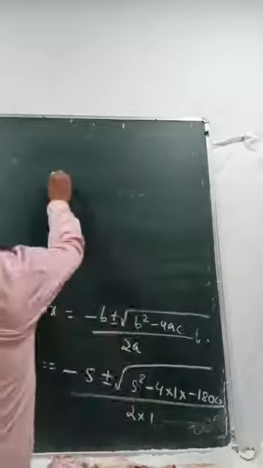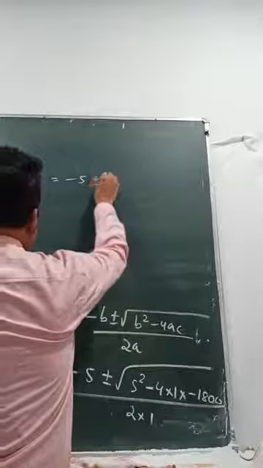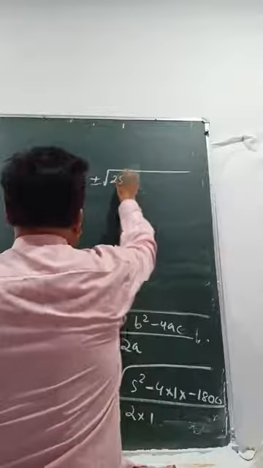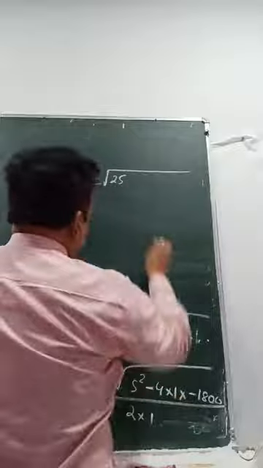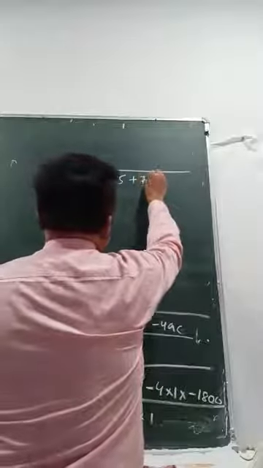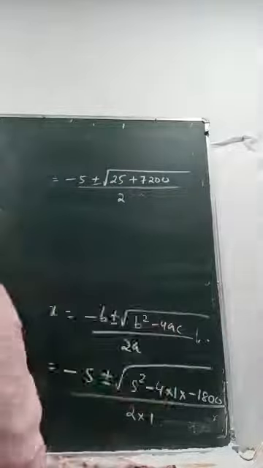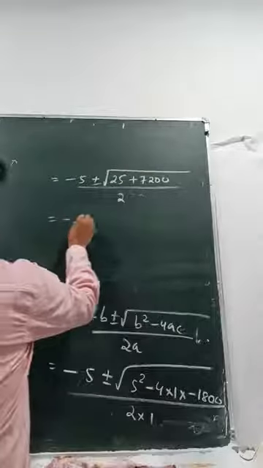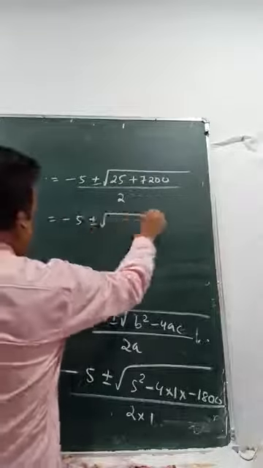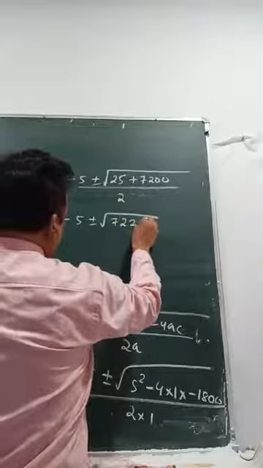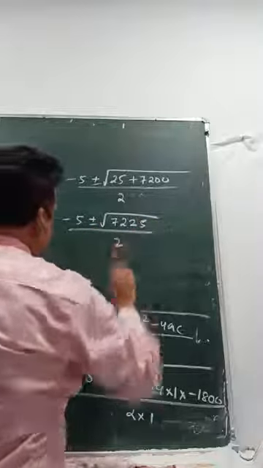This is minus 5 plus minus square root of 25, minus into minus is plus, 7200, by 2. Minus 5 plus minus square root of 7200 plus 25, 7225, by 2.